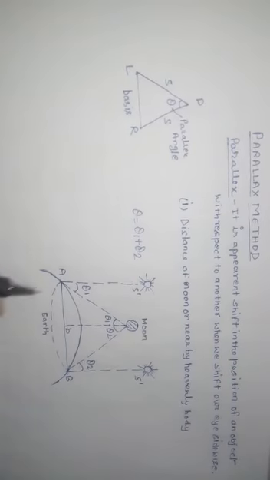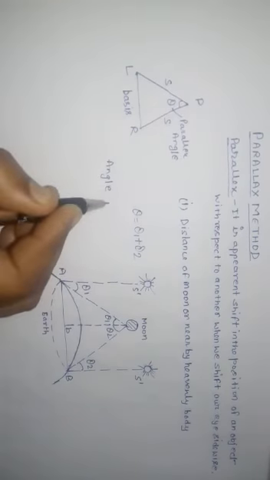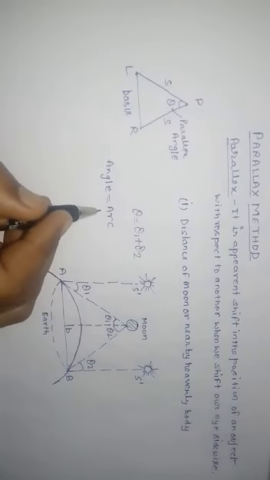Now we know that the angle is equal to arc upon radius.